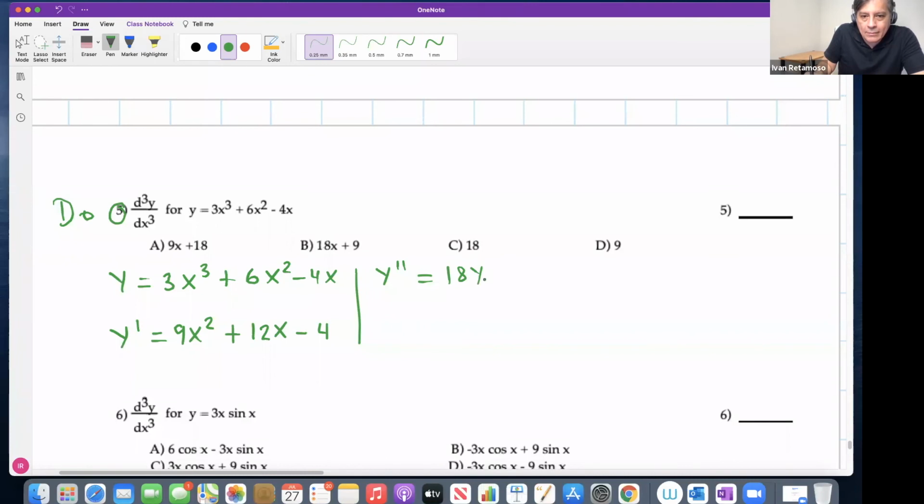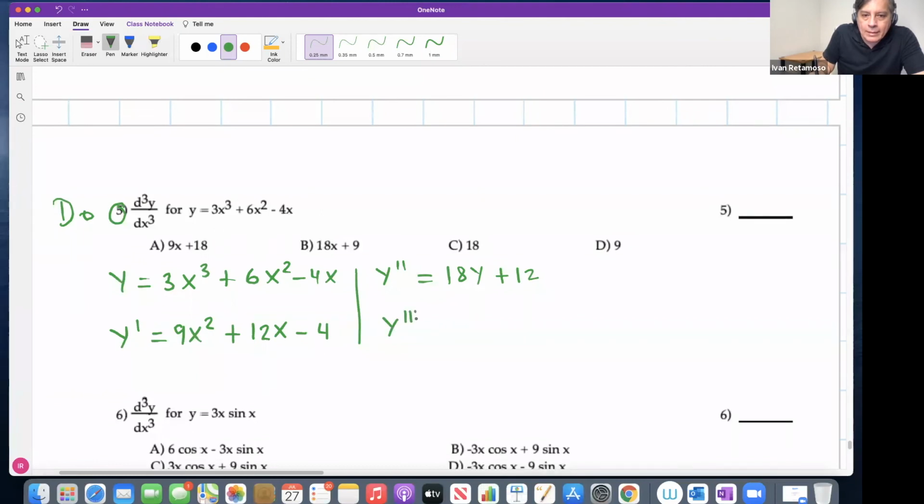It's just 18x. Plus the derivative of this second term: the constant 12 comes outside, the derivative of the identity function is 1. 12 times 1, 12. The derivative of this number 4 is 0. So minus 0, nothing, right? That's the second derivative.